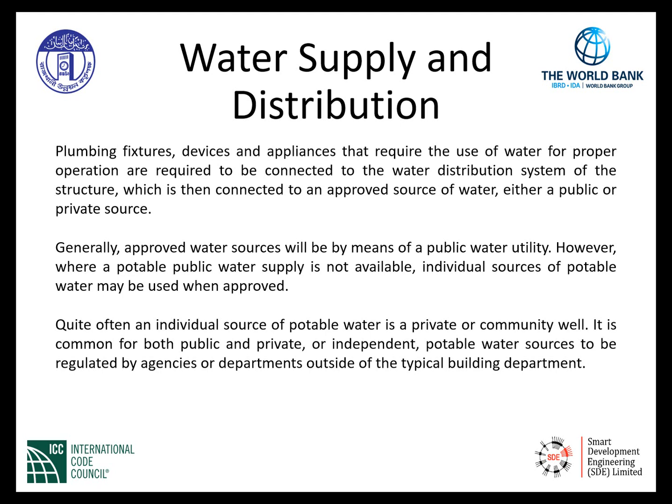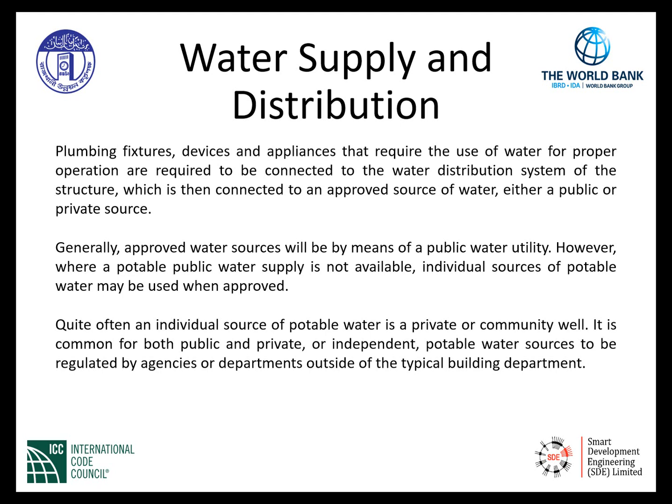This is typical if there is no public water in the area of a proposed building. You would submit to the authority plans and specifications, based upon the requirements set forth in this particular code, for approval of that particular private water supply.